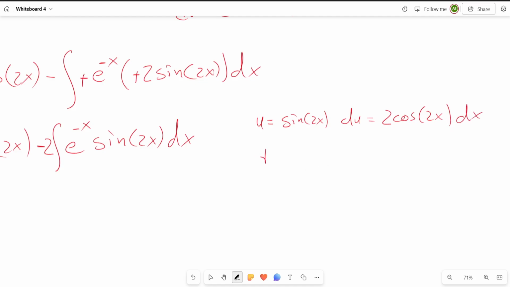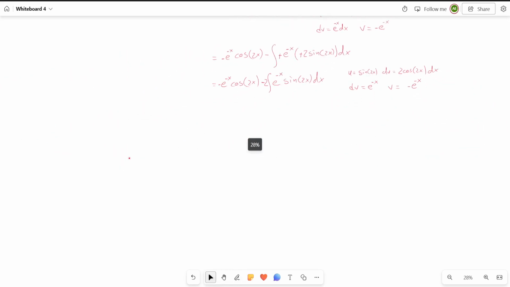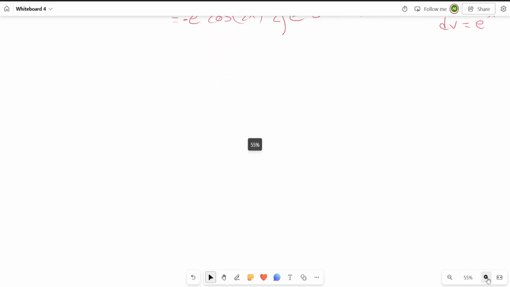I'm going to choose my dv as e to the power of negative x. Again, the integration of that would give me v, which is going to be negative e to the power of negative x.